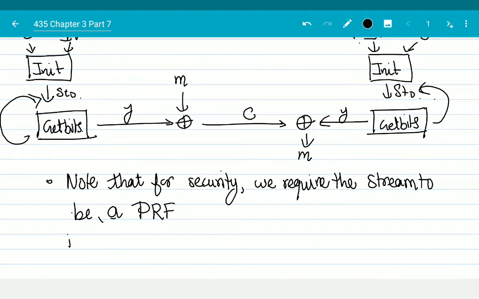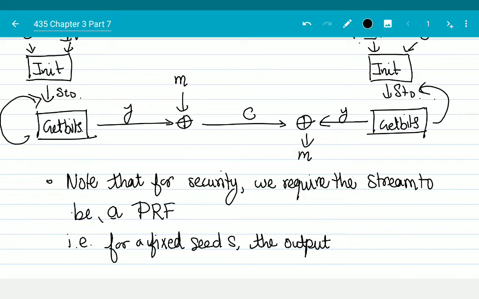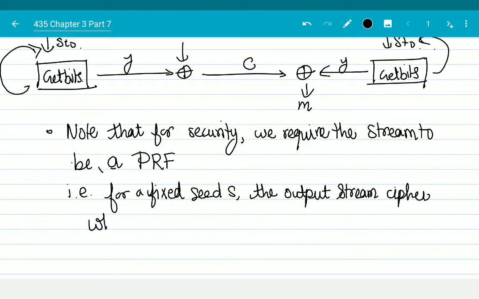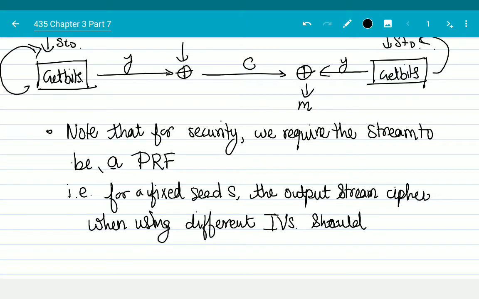That is, for a fixed seed S, the output of the stream cipher when using different IVs should all look uniform and independent.